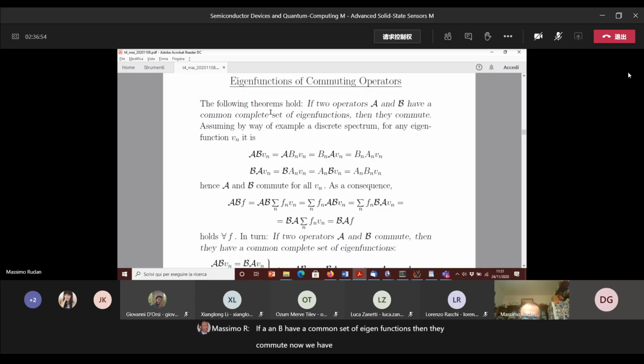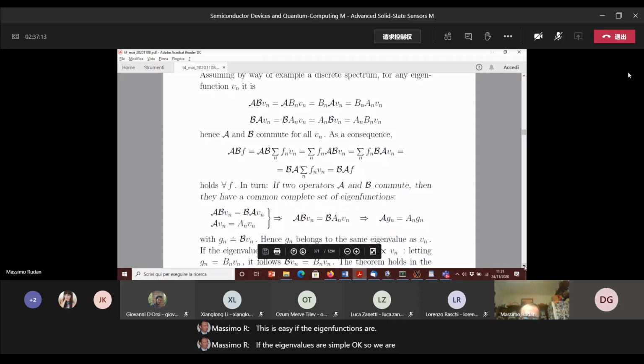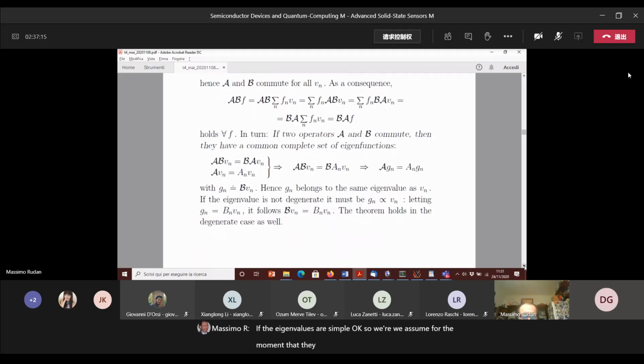Now we have to demonstrate the converse, okay? So if A and B commute, then they have a common complete set of eigenfunctions. This is easy if the eigenvalues are simple, okay? So we assume for the moment that they are simple.